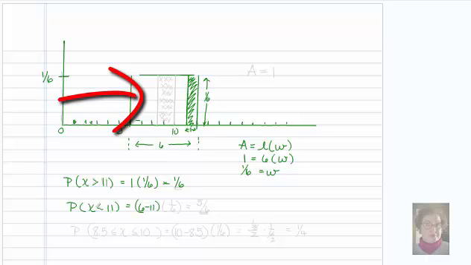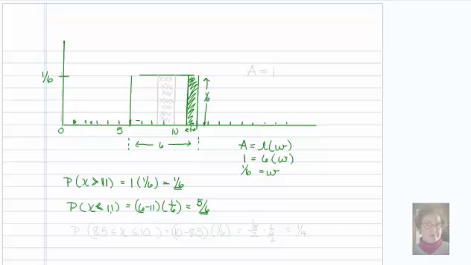Well, 11 minus 6 is 5. 5 times 1/6 is 5/6. Now it makes sense that the probability that it's greater than 11 is equal to 1/6, and the probability that it is less than 11 is equal to 5/6, because it's kind of like the probability that it will happen and the probability that it won't happen.